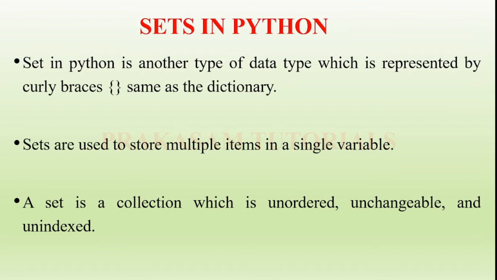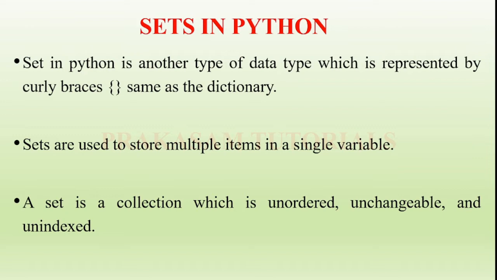A set is a collection which is unordered, unchangeable, and unindexed. A set is an unordered collection data type that is iterable, mutable, and has no duplicate elements.